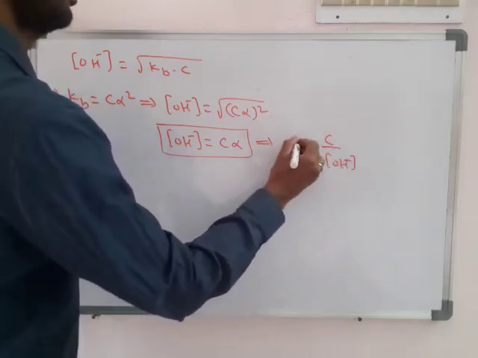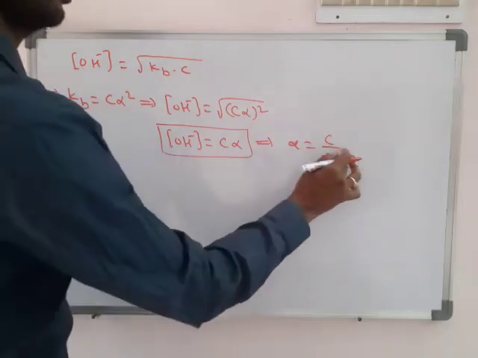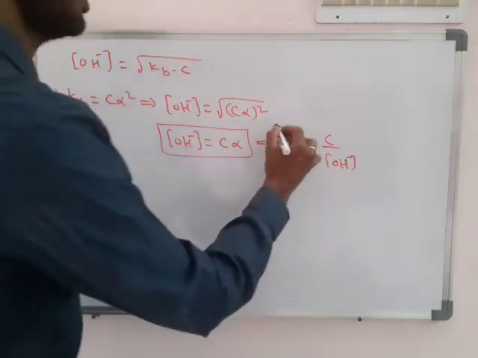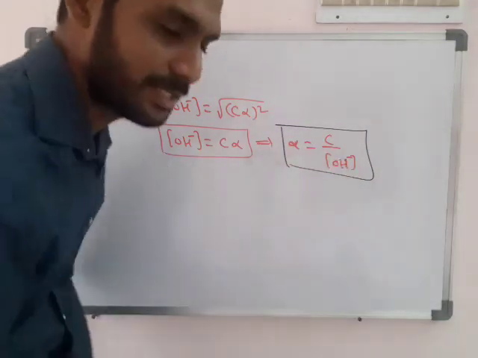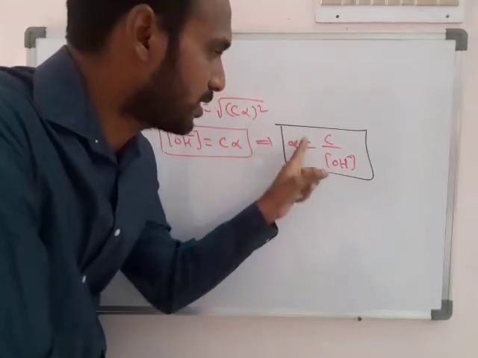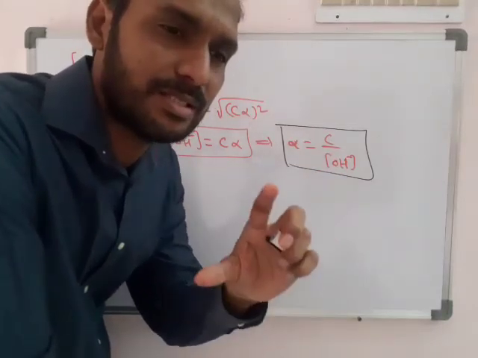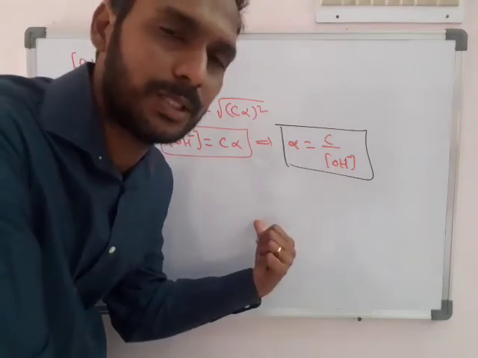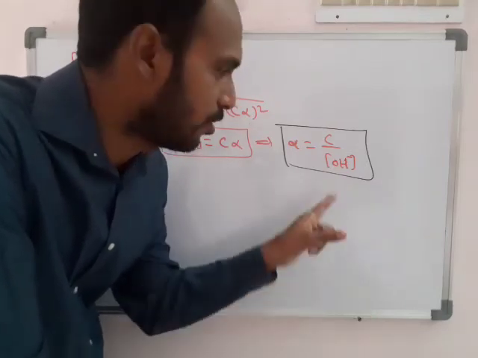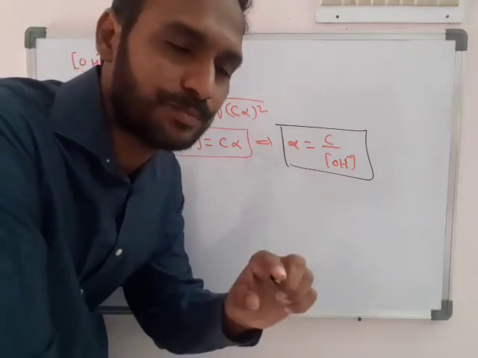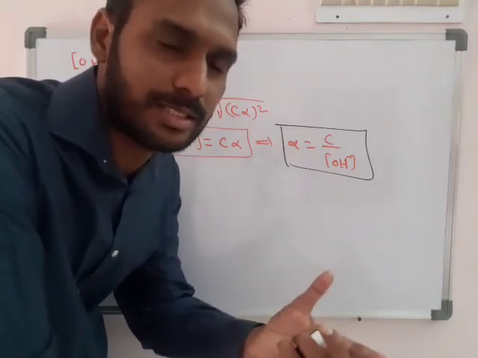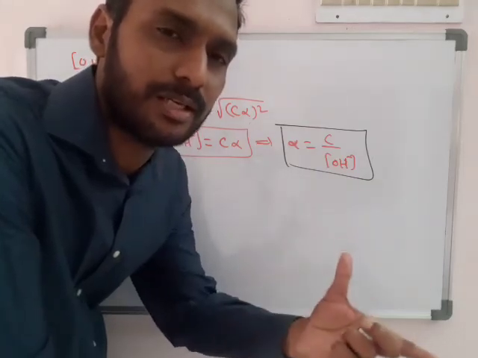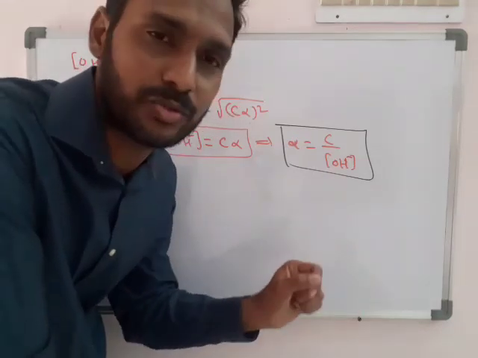Here, important: we already know the square brackets indicate the concentration. So what does C mean? C means the concentration of acid or the concentration of base. Here we are discussing base, so the concentration of base. What does OH minus concentration mean? After dissociation, the total acid does not dissociate; some acid and some base dissociates, and the concentration in that form is the OH minus concentration.